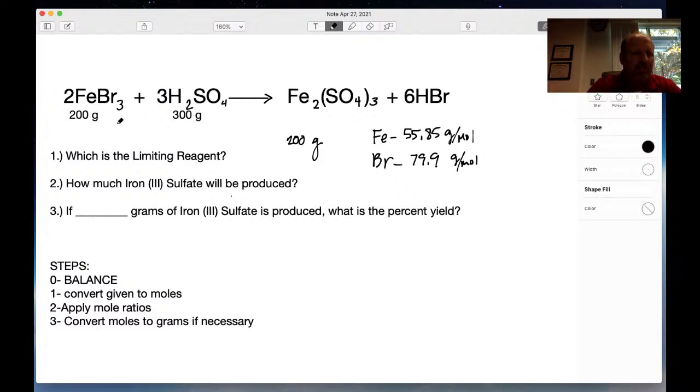So 200 grams divided by 295.85 grams per mole. We'll cancel out the grams, leaving us with moles.